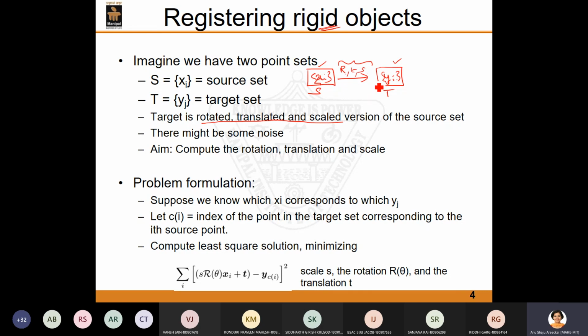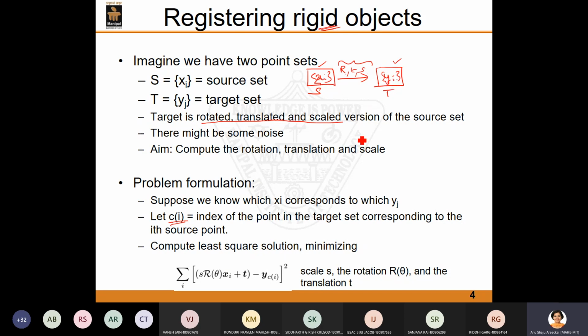Trying to find that is what you call finding the correspondence between the two sets of points, and this correspondence is what we denote as ci. So whenever you see ci in the equations, it is basically the mapping, or the correspondence, between the different points in xi and yi.